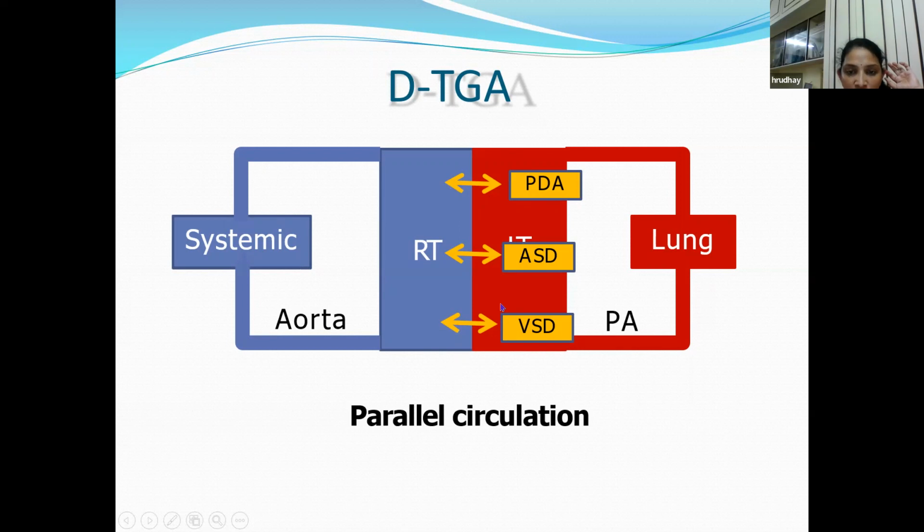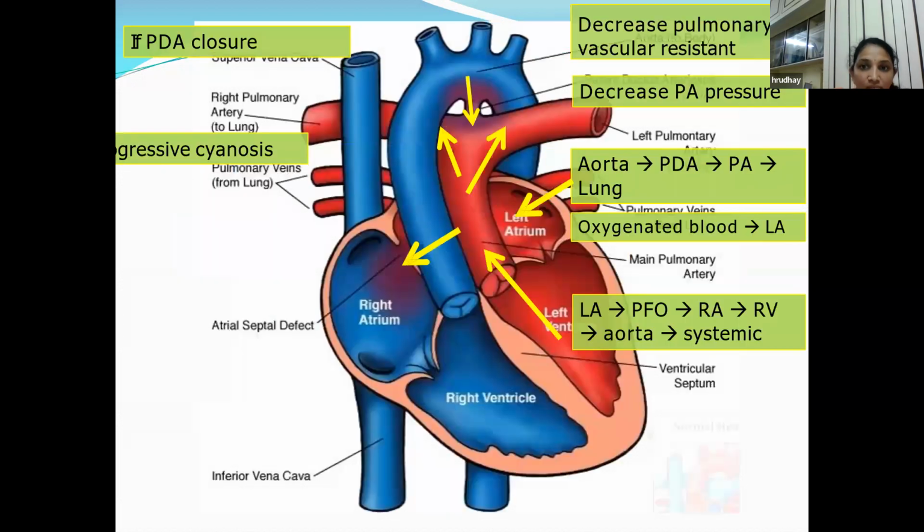If any connection between the right and left is there, the presentation might be delayed. But if there is no connection in any of the septums, like the atrial septum or ventricular septum, or PDA, the presentation will be very early.